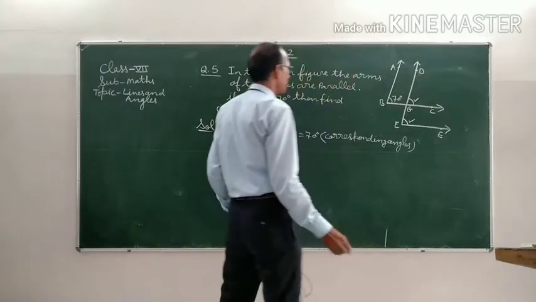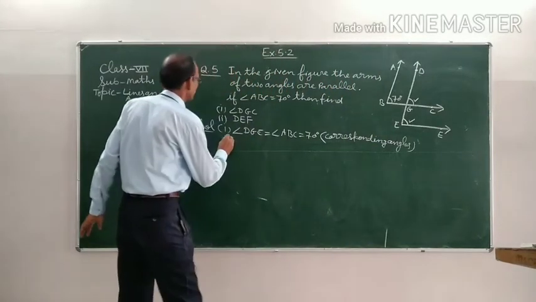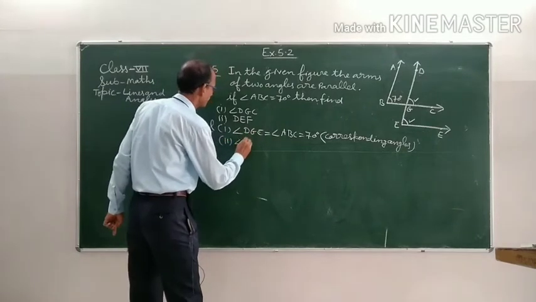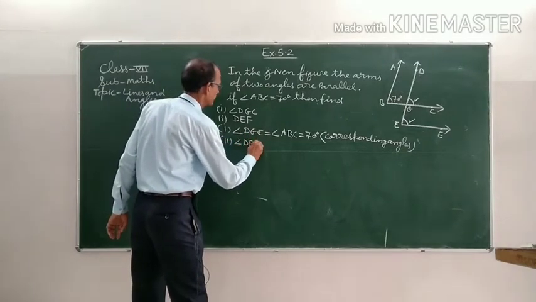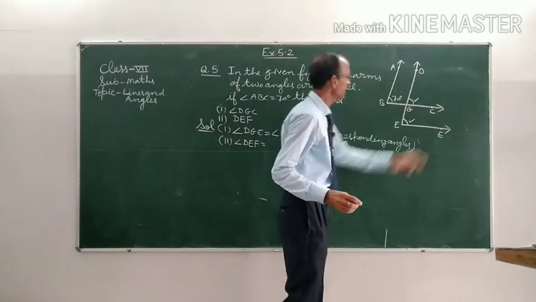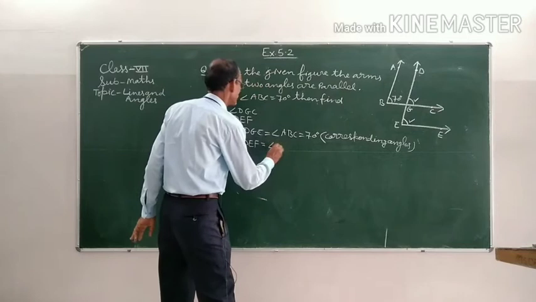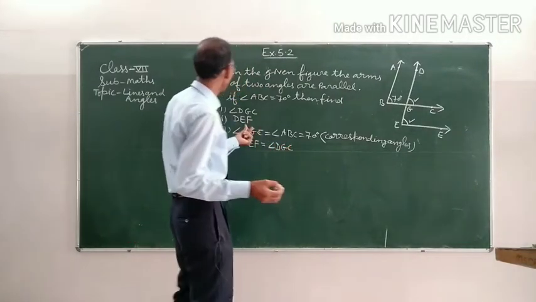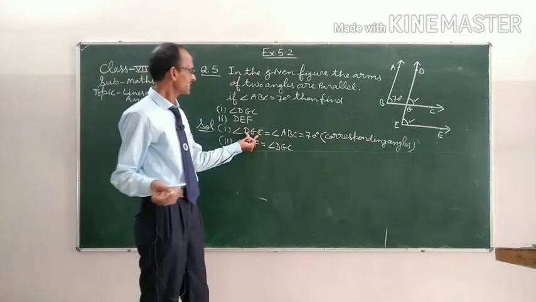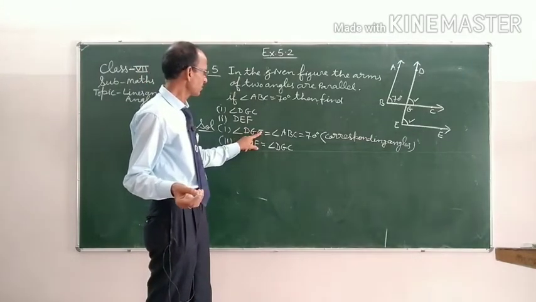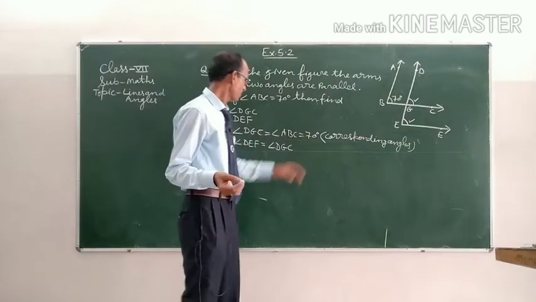Okay, by the property, angle DEF is equal to angle DGC is equal to how much? Value of DGC we have just calculated. Angle DGC is equal to 70 degree.